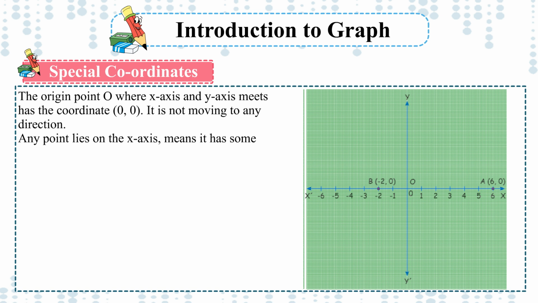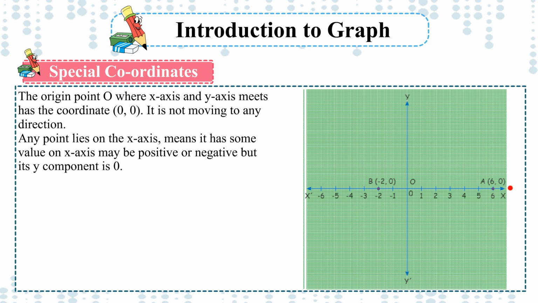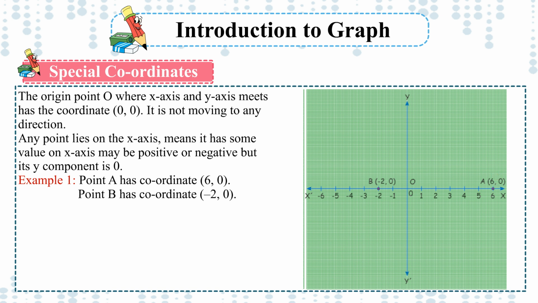Any point that lies on the x-axis has some value on the x-axis, may be positive or negative, but its y component is 0. Example 1: Point A has coordinate (6, 0). Point B has coordinate (-2, 0).